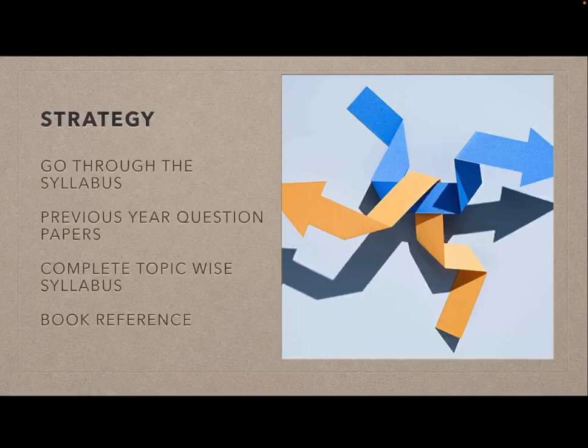So if you go through the syllabus, and then look at the question paper, you will try to get some relation between the paper and the syllabus. And third thing is you will have to complete all the topics syllabus wise, and then take the right book for your study.